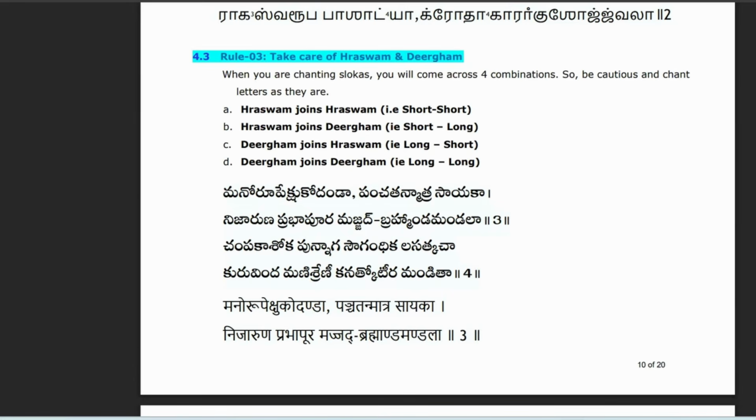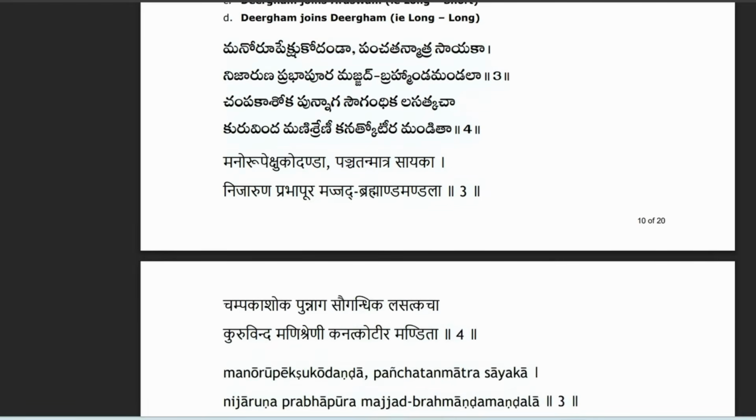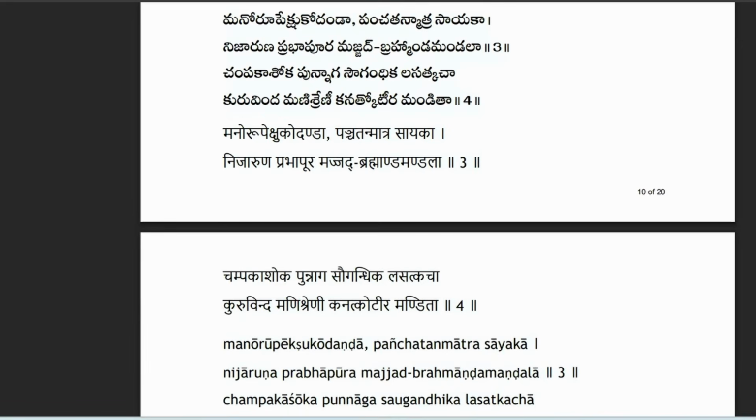Champakashoka Punnaga, a lot of people try to put a Dirgham there, but it is Rasvam. Saugandhika Lasatkacha. And the next line, Manishreni, it is not a Dirgham there either. These are the common mistakes we make when we are chanting these slokas. We put extra dirghas and we skip the dirghams. So that is rule number 3.